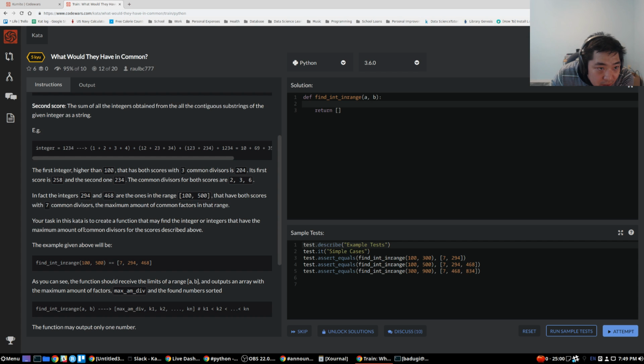Your task in this kata is to create a function that may find the integer or integers that have the maximum amount of common divisors for the scores described above.